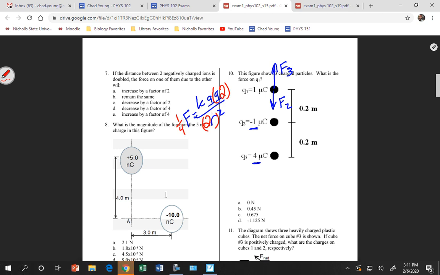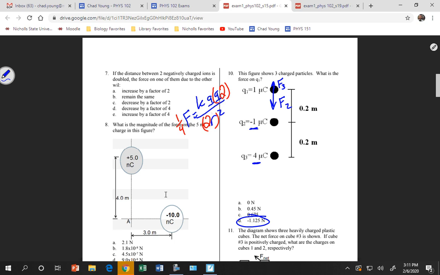So F3 is 1/4 what F2 is. So I'm going to redraw this a little bit differently. F3 is smaller than F2. So can you tell me what the answer is? Look at the answers. What's the only answer that works there? D is right, right? Because it's the only negative answer.